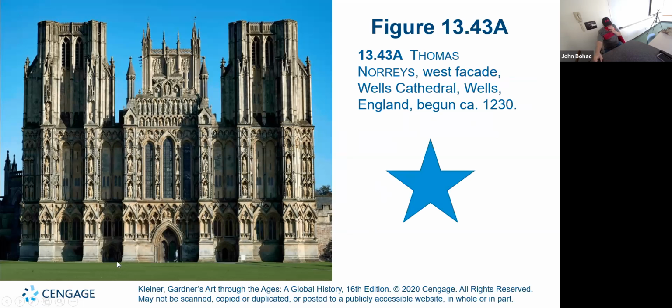Wells Cathedral, again, same idea, but you would know this by the stained glass, the arched windows, the immense sculptural decoration, and all of the other ornamentation on the building.